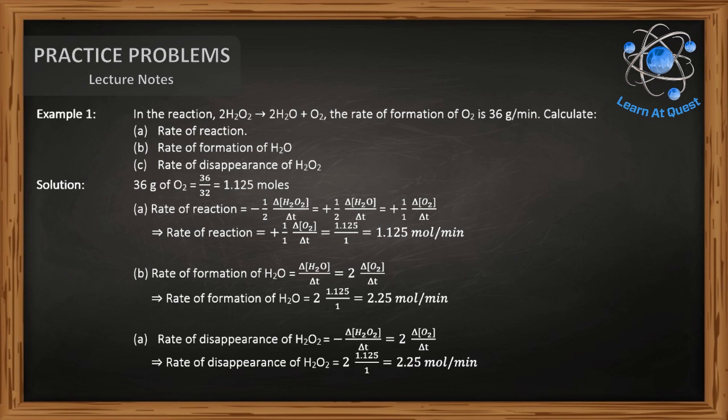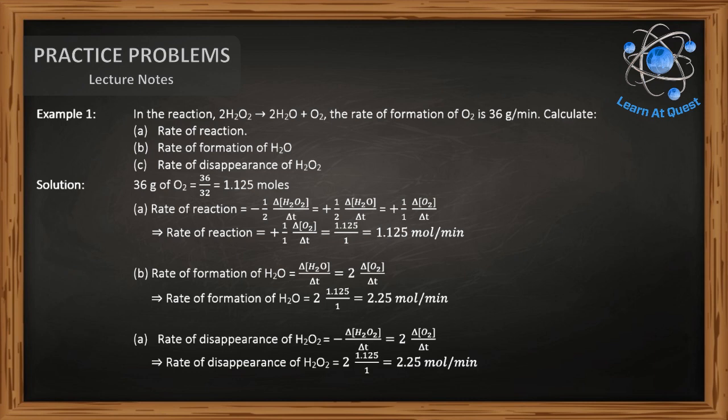So when we substitute the rate of formation of oxygen in this equation, we get the rate of disappearance of hydrogen peroxide H2O2 equals 2 times 1.125 divided by 1, which equals 2.25 moles per minute.